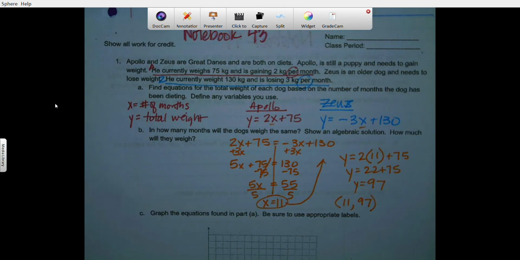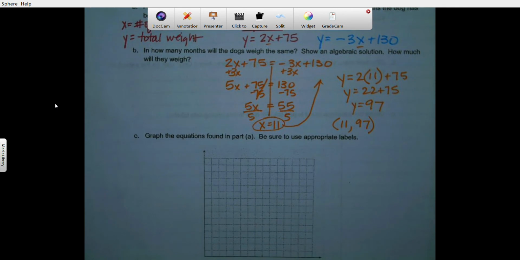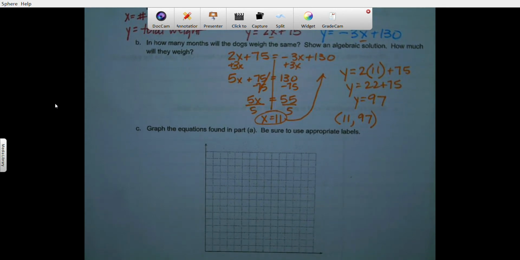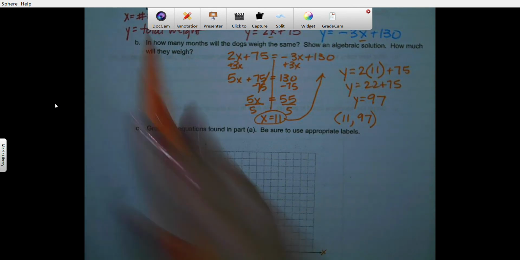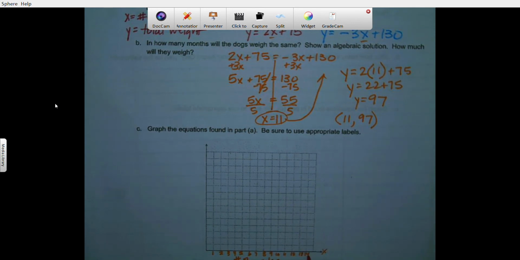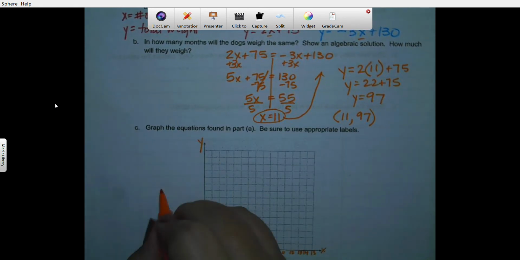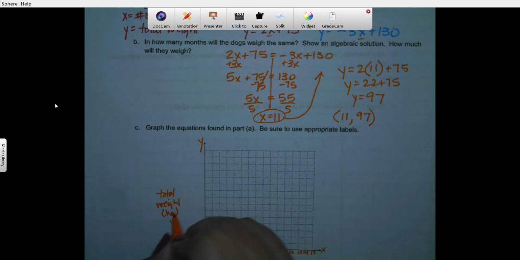Okay, now I'm going to move down a little bit to my graph here. My x value right here tells me x is the number of weeks, or time in weeks. I'm just going to count by ones. And then my y-axis going up is going to be my total weight in kilograms.